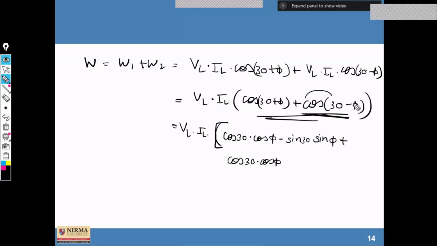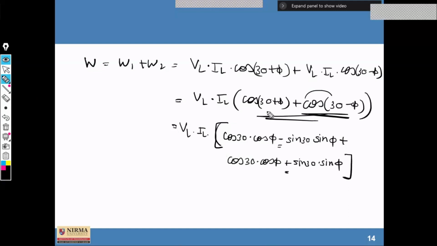Minus minus would become plus now. So here, instead of minus, it would be plus: plus sin 30 into sin 5.